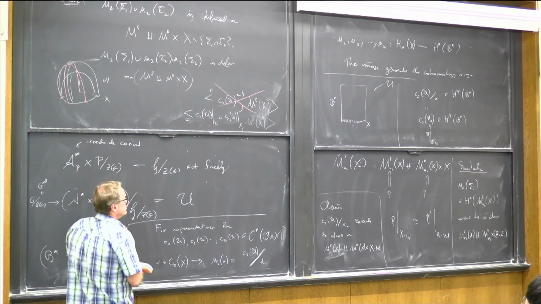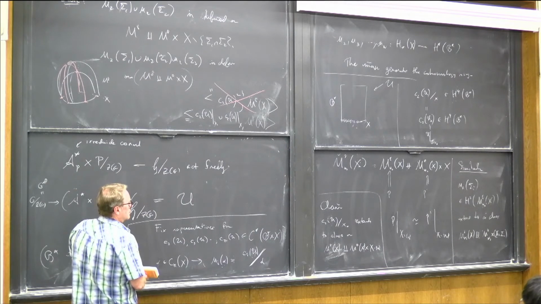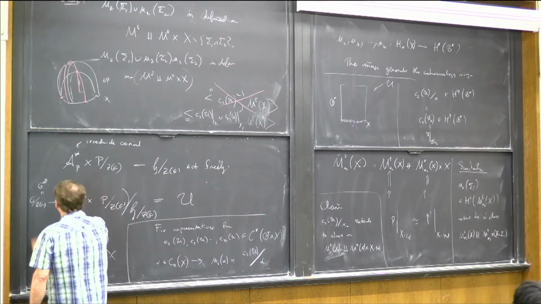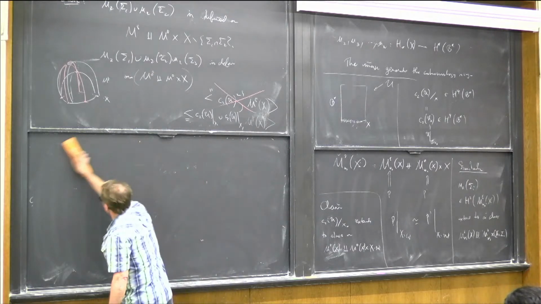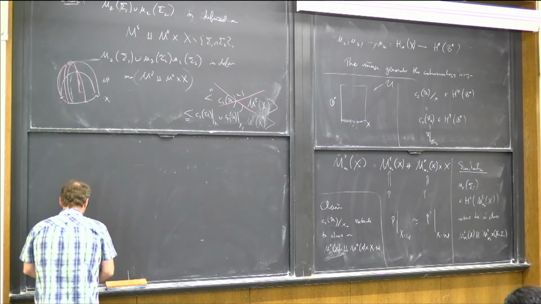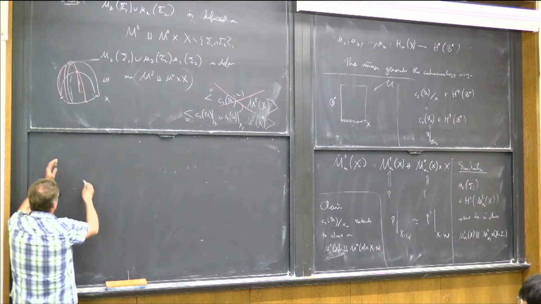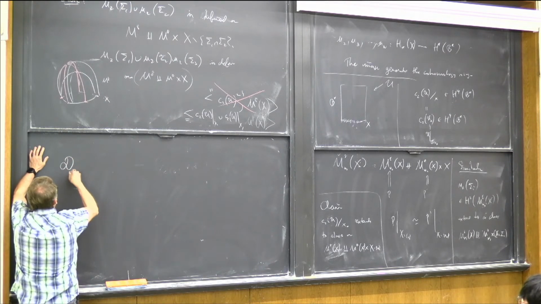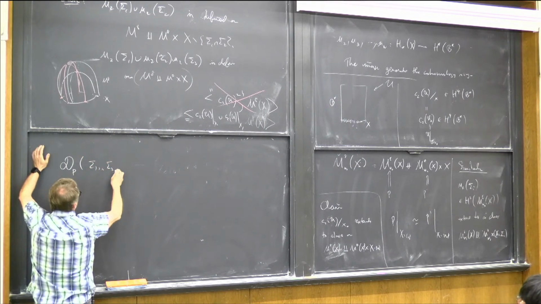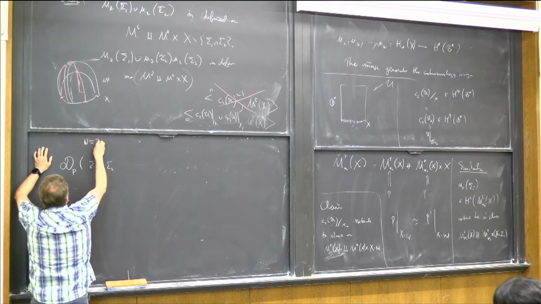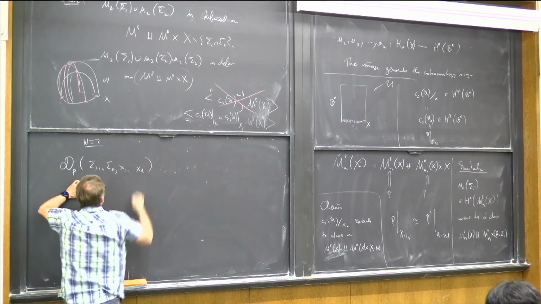That's sort of the game. So the definition is the Donaldson invariant for some principal bundle P. We're just going to do n equals 2, but I have k surfaces and L points.